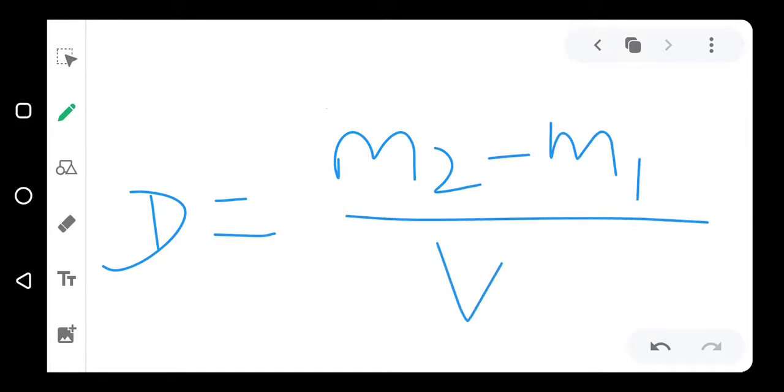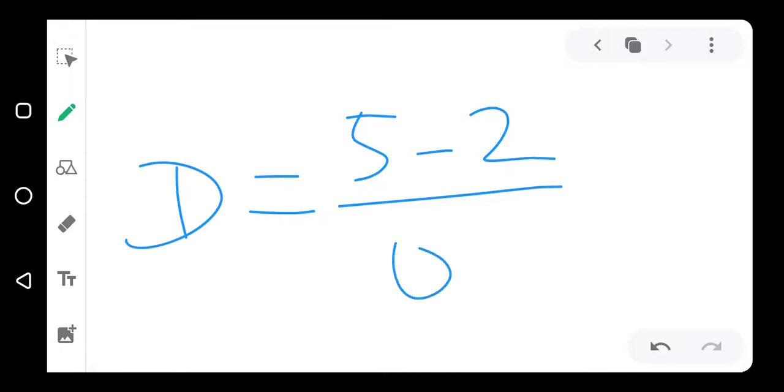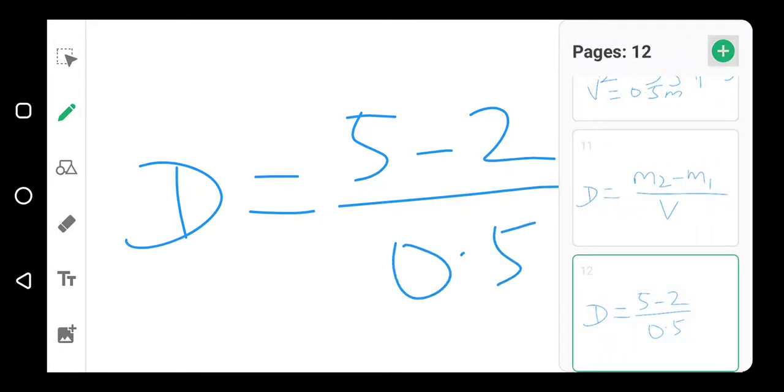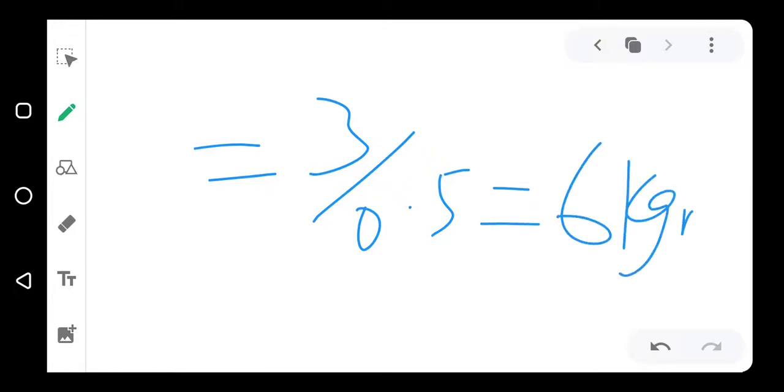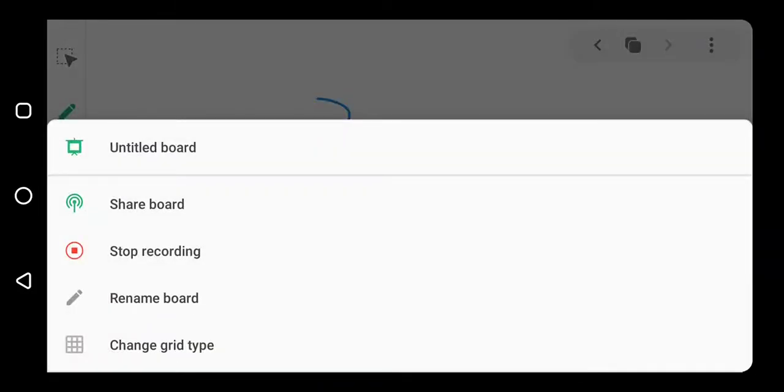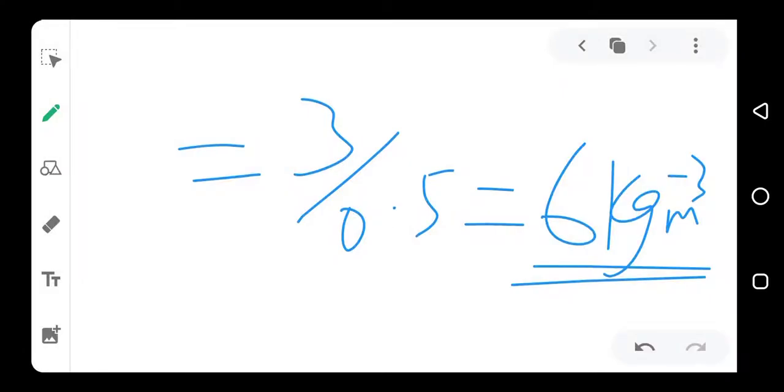So our density is equal to M2 minus M1 over V, and that gives us that D is equal to 5 minus 2 over 0.5, that is 3 over 0.5, which gives us 6 kilogram per meter cube. So that is how to solve this example.